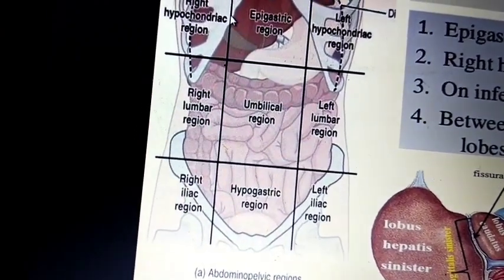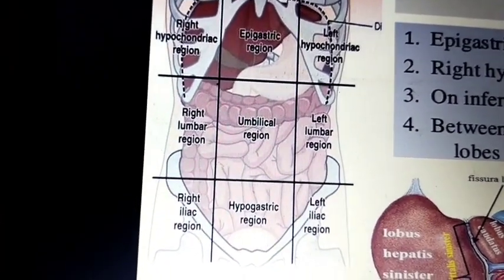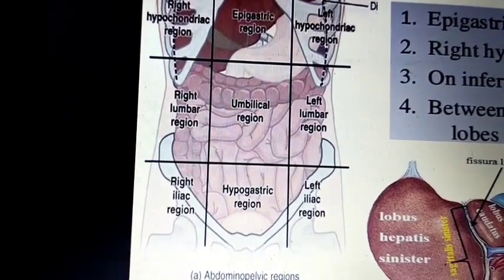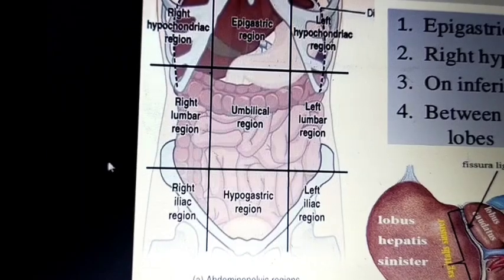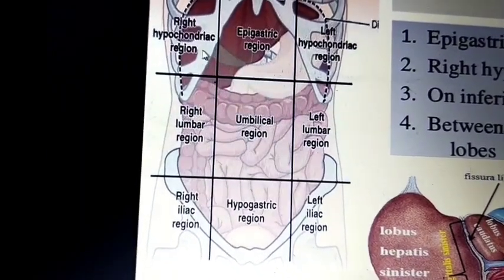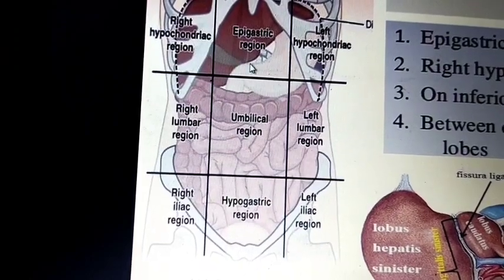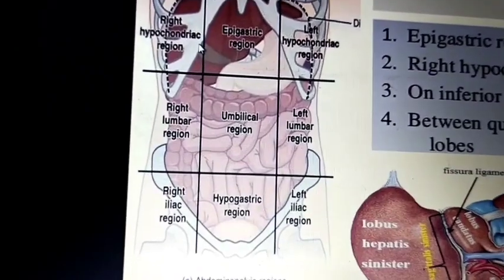The position of the gallbladder: this is the epigastric region and this is the right hypochondriac region. The gallbladder is present from the epigastric region to the right hypochondriac region.